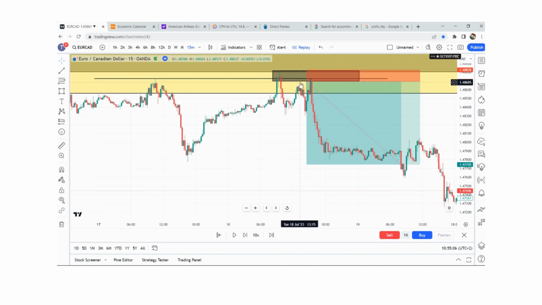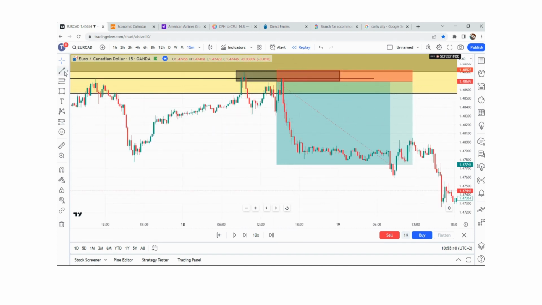So again, these are early sellers again right here. A lot of people sell here and put their stop losses right into the smart money sell orders. So as you can see, this is the same concept right here.